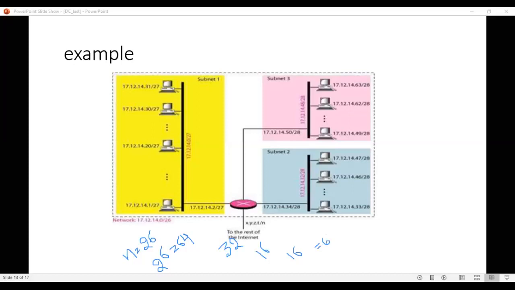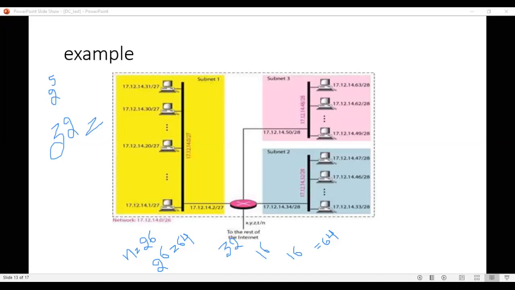Now, for each of these subnets, you have to find the mask. How to find the mask for each of these subnets? See, for the first subnet, we are going to assign 32 addresses. How do you represent 32? It is 2 raised to how much? 2 raised to 5, right? That means you need 5 bits to represent these 32 addresses, so 5 is your suffix.